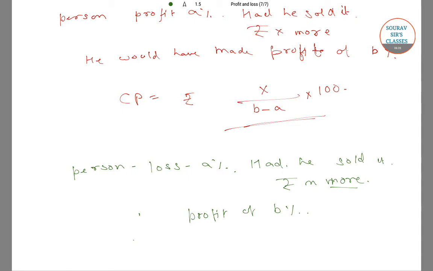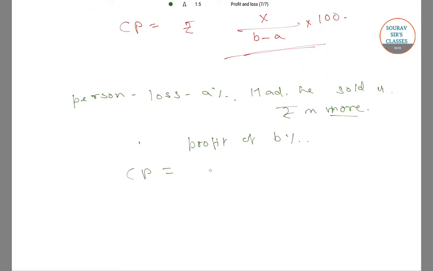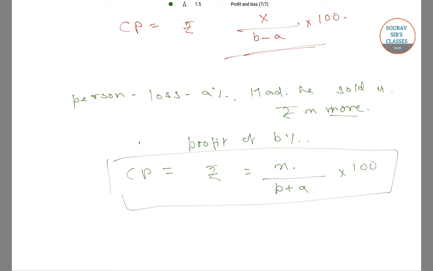In that case, CP would be given by rupees X divided by (B plus A) into 100. This would be the CP of the article.